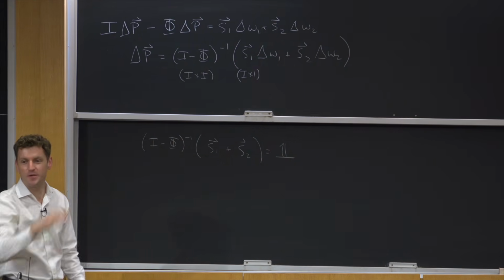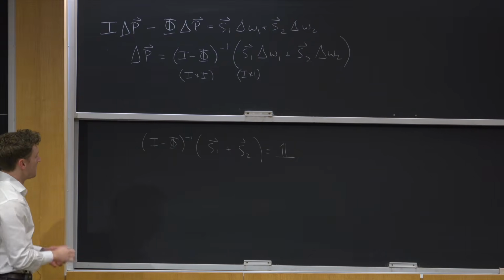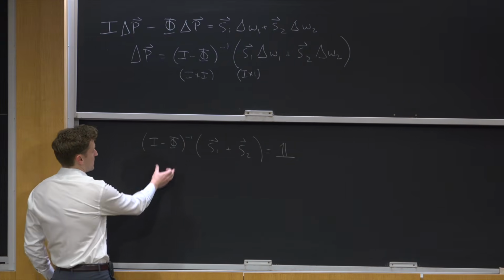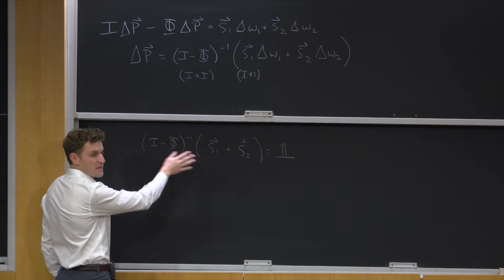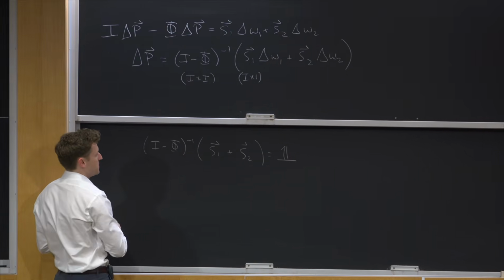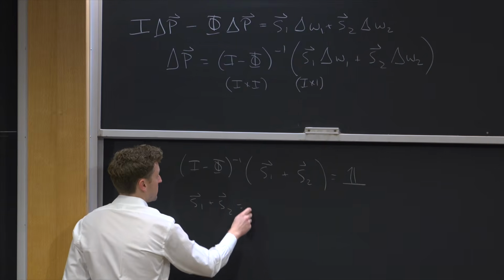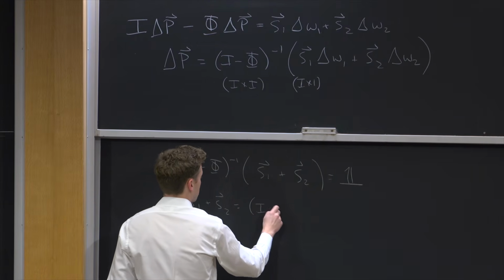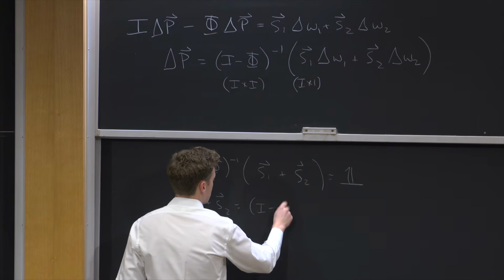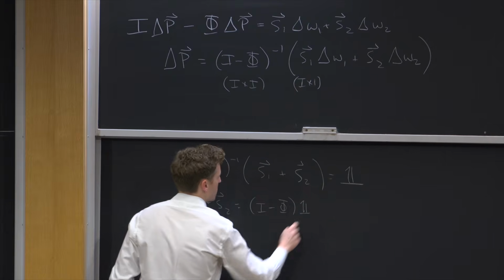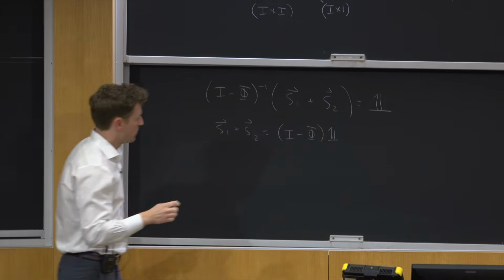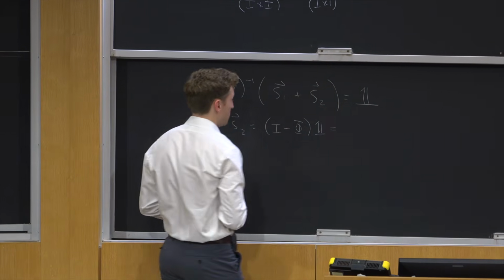We could just write a 1 with a vector above it, but okay, left multiply both sides of this by I minus phi. That's going to give us S1 plus S2 equal to I minus phi times 1. What's this right-hand side going to be?